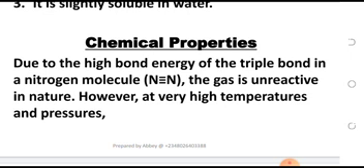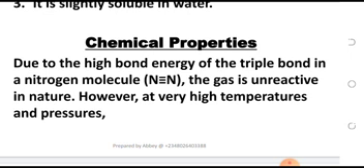Before we talk about the chemical properties of nitrogen one after the other, we need to know that the chemical reactivity of a particular substance must take place with bond breaking. That is, the bond that is holding that chemical substance together must be broken before a chemical reaction can occur. In the case of nitrogen gas N2, it has a triple bond, as you can see on the screen.